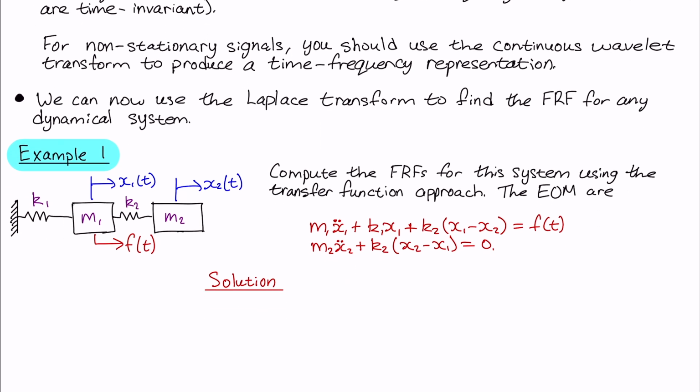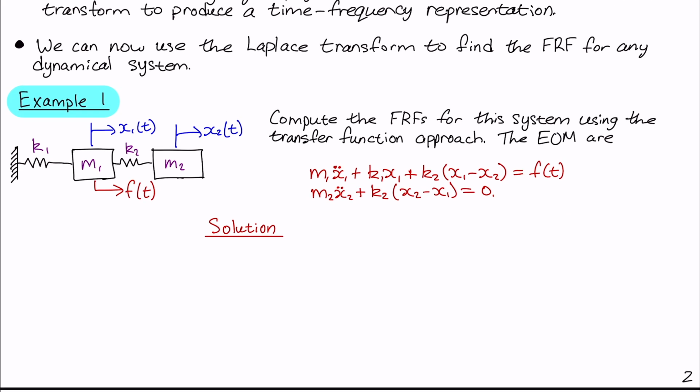Okay, so we're now going to use the Laplace transform to find our frequency response function, or FRF, for any dynamical system where you can do that. We're going to go through at least one example of how to do this, and then we'll look at what happens when you have multiple inputs and multiple outputs, and then another example there.